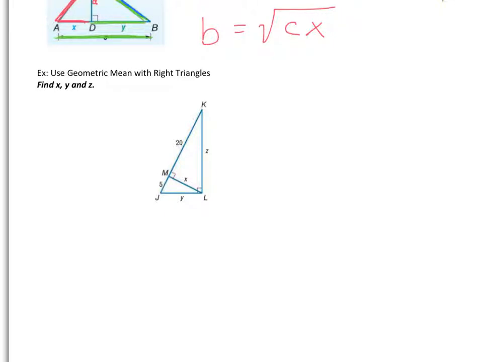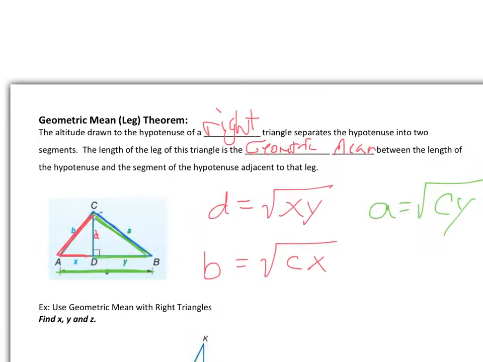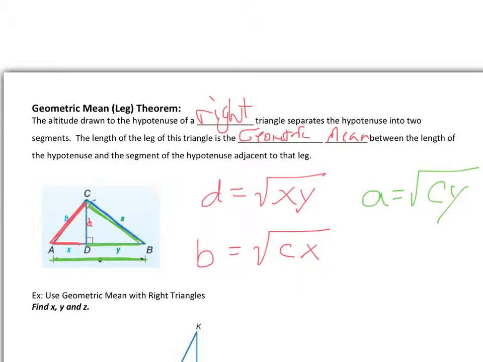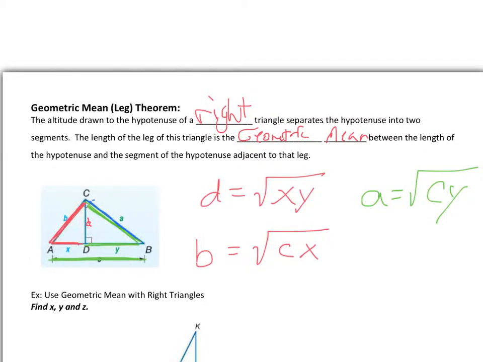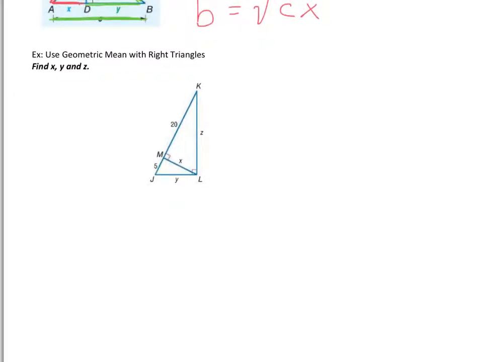It says to find X, Y, and Z. Now we can use either theorem, the one from yesterday, the altitude, or the leg. So in this case, let's do what we did yesterday.